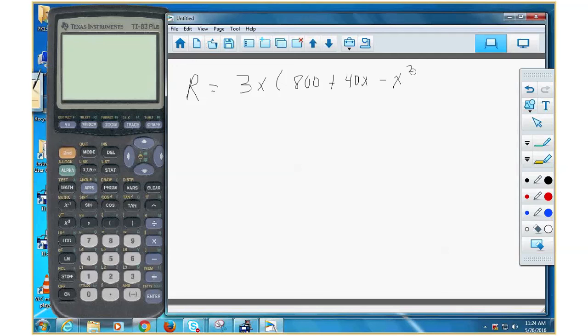What's different about this one? You have a variable in that common, so you might want to distribute this one, or you can take the derivative of it, which would be 3, and then leave it out there, but I wouldn't do that. I would distribute it.